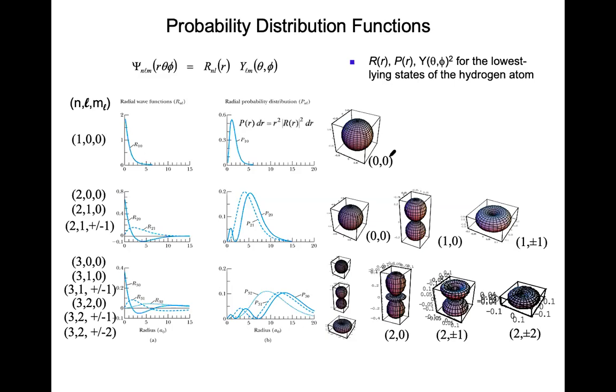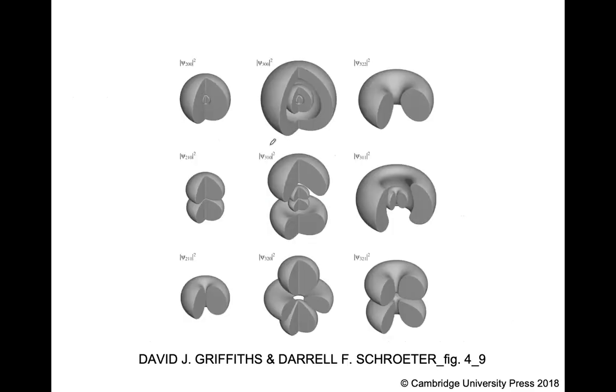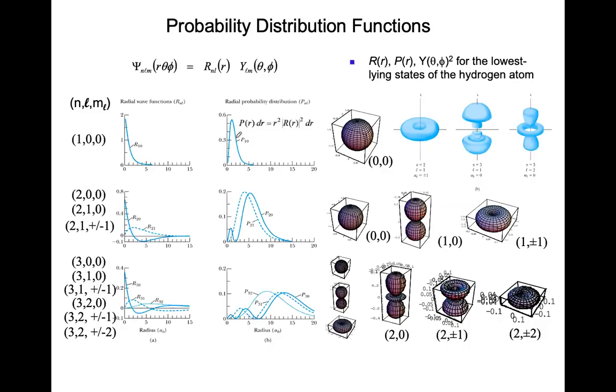But that's what the 0, 0 state looks like. And this is what then the P10 looks like. And you can kind of picture this guy right here, circular in symmetry, but it has a preferred radius. Okay, and our textbook has taken that, and I guess it hasn't drawn that one because it's just too simple.